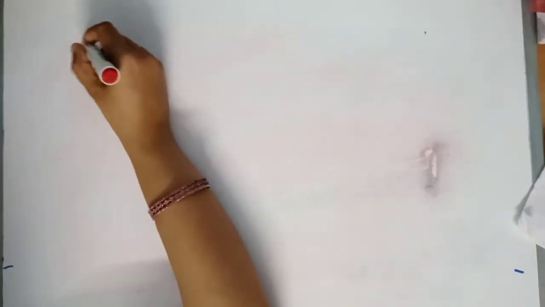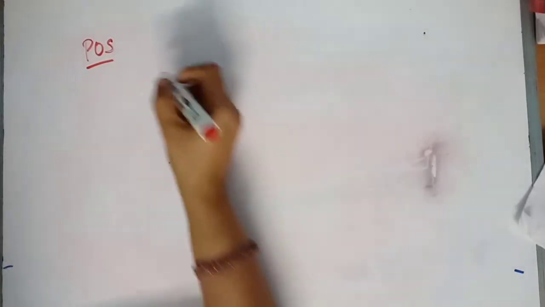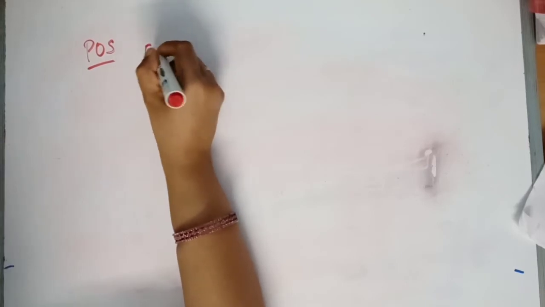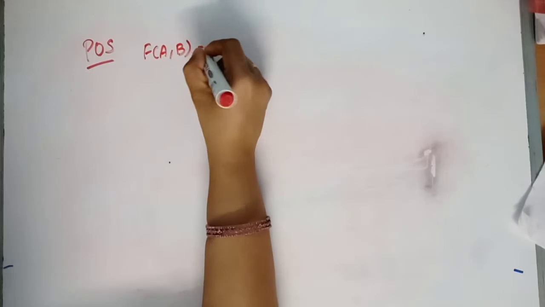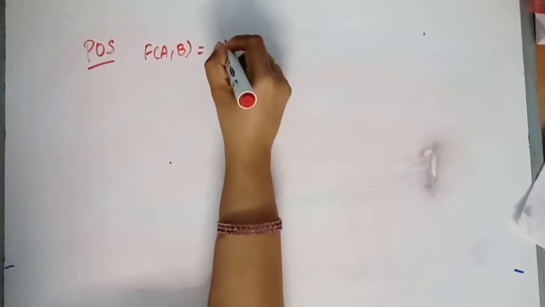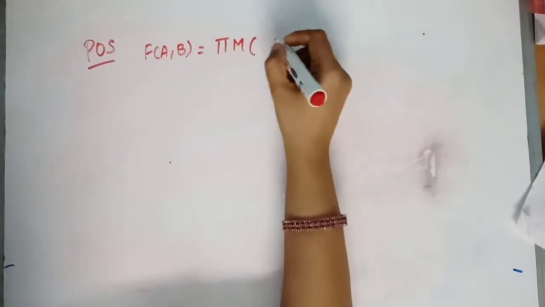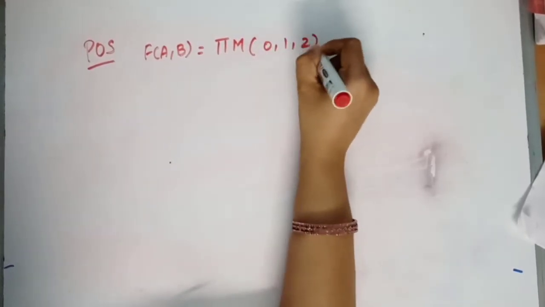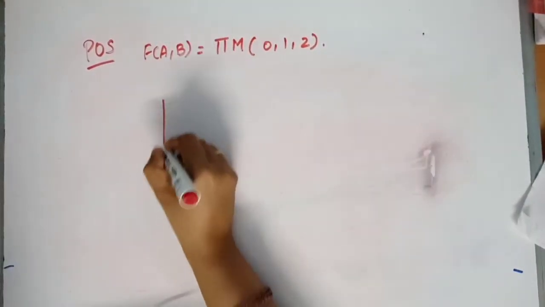Now if you take POS, product of sum, in the case of POS, how you write is function of AB, if it's a two variable, equal to pi capital M, then in bracket say 0, 1, 2, something like this. So again you draw the Kmap.